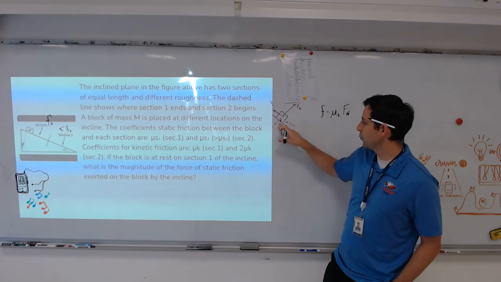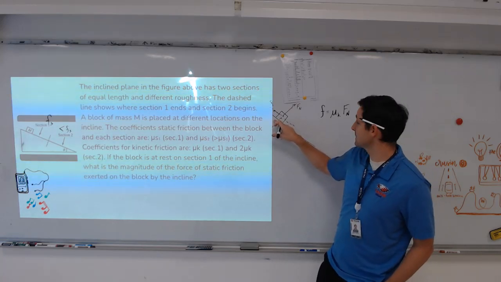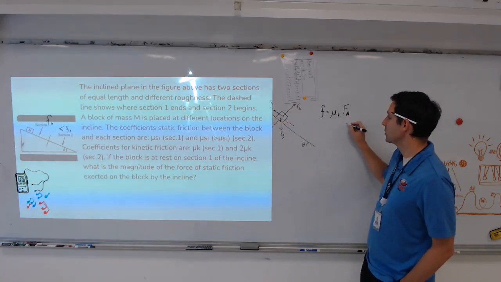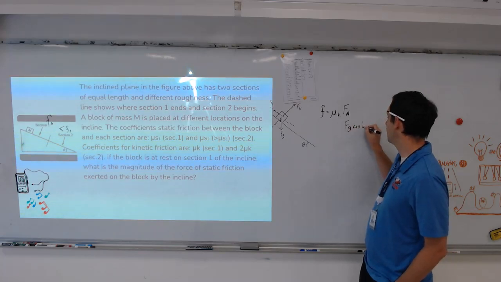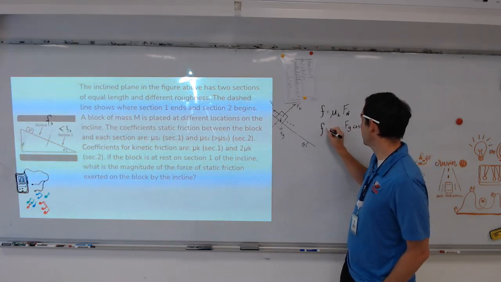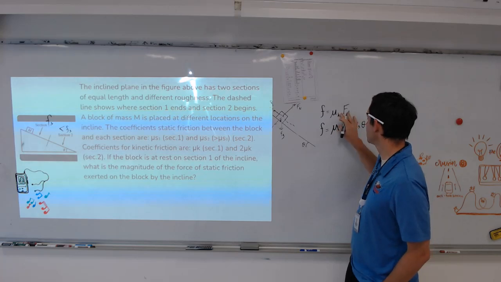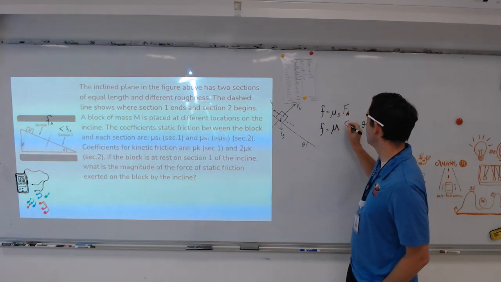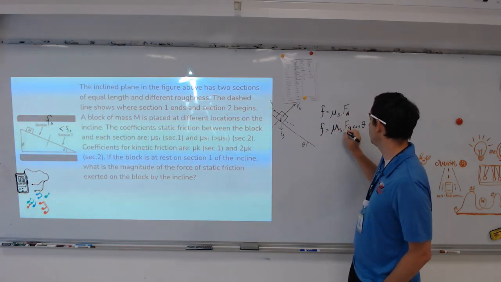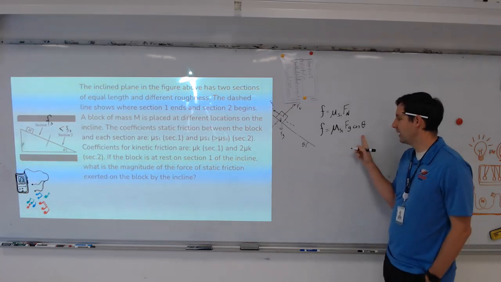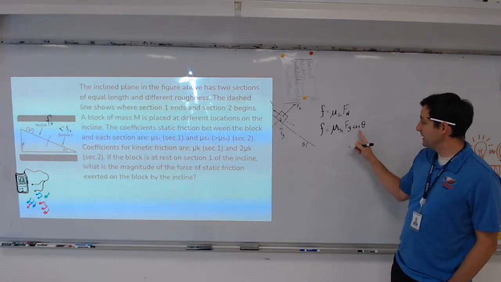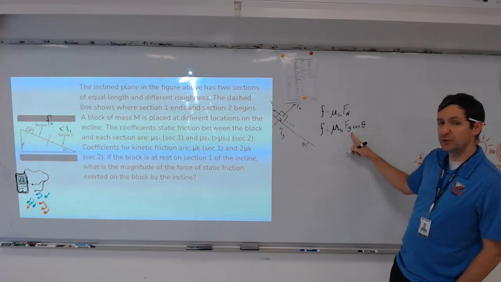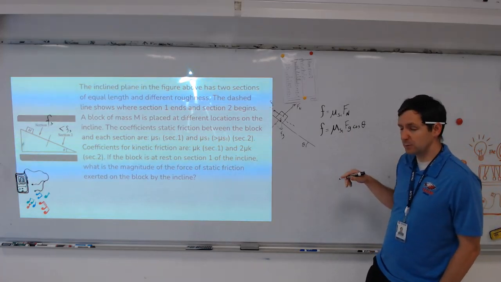So therefore, that's the adjacent side. So the normal force would be Fg cosine of theta. So the friction could be, sorry, I said mu k, I do mean mu s. Okay, from there we've got the force of friction. We're going to go ahead and put Fg in terms of mg.